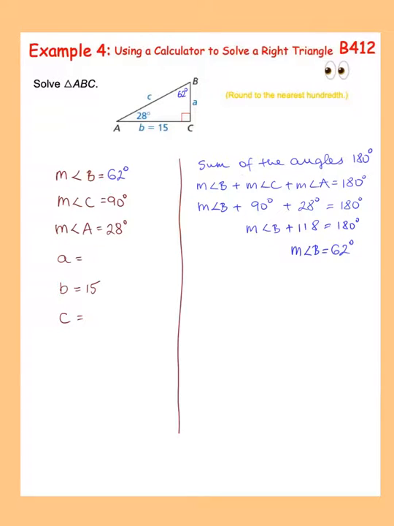So I will write the tangent of 28 degrees, which is angle A, will equal the opposite, which is A, divided by the adjacent side, which is 15. Now if I multiply both sides by 15, I am going to get A equals 15 times the tangent of 28.